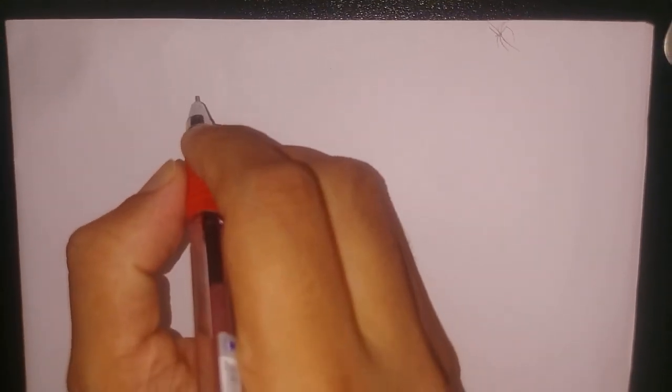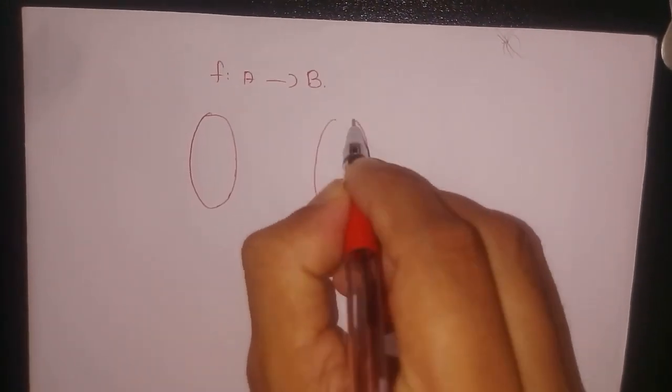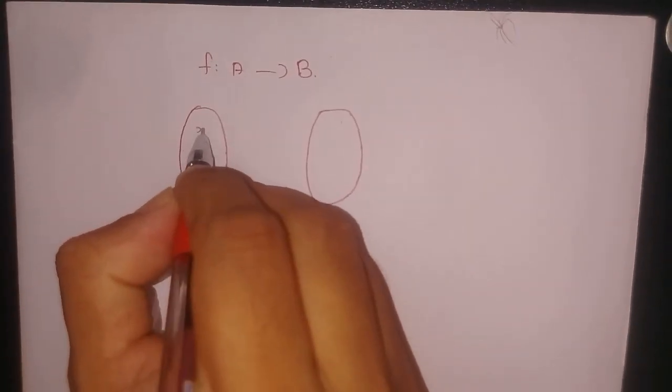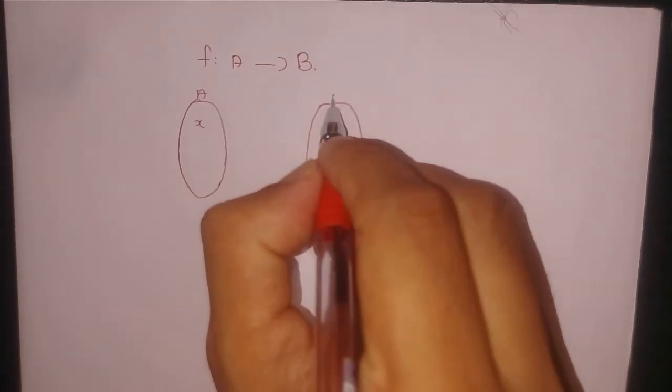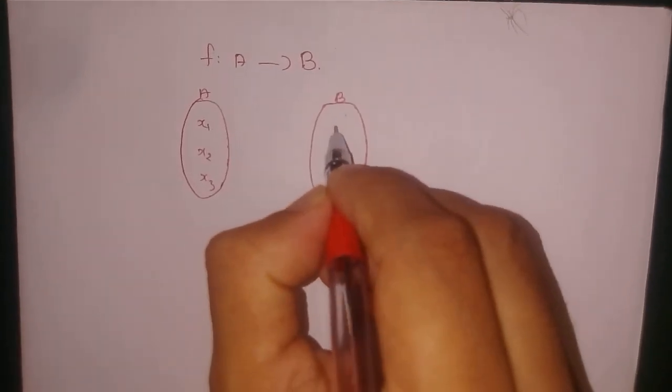To get the idea easily, here I am going to represent this bijective function using the arrow diagram method. Let f be a function from A to B. Suppose A and B are two sets. A contains x1, x2, x3.